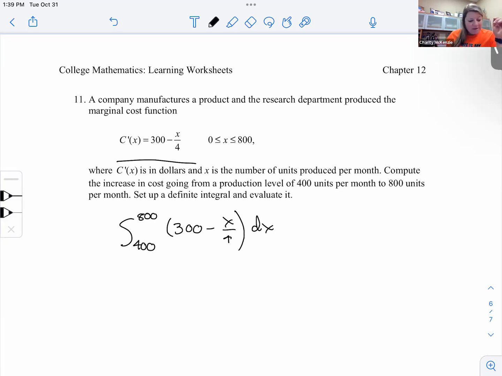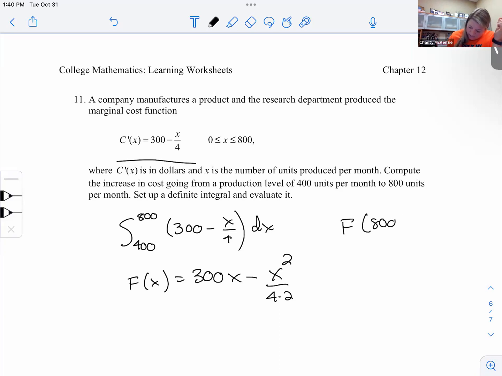So we could do this one fairly easily by hand because the antiderivative is just going to be 300x minus x squared divided by 2. So you'd have a 4 times 2 underneath because there was a 4 there already, which is just 8, and then put in your 800 and your 400.